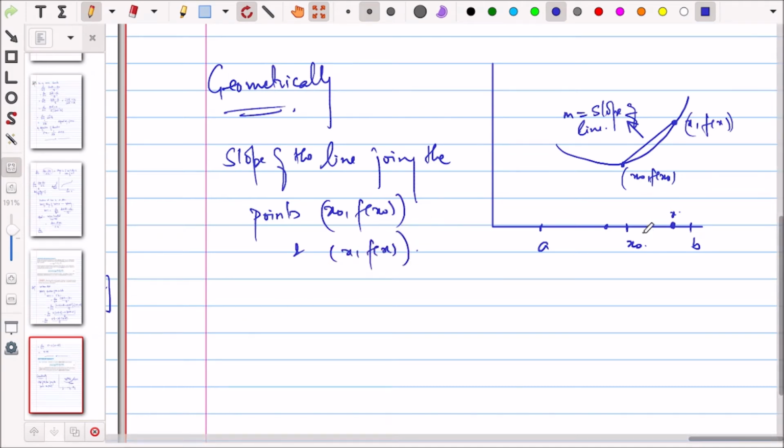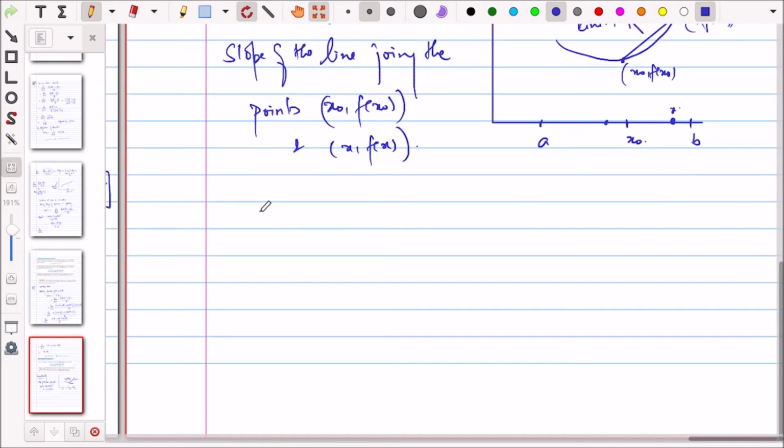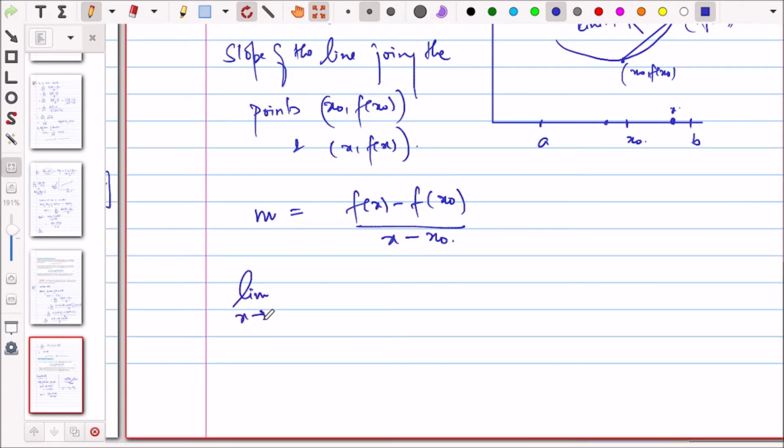Yes, बताओ जल्दी. Slope of the line joining the 2 points. What is that? y2 minus y1 upon x2 minus x1, right? So slope of this line. Now if I take the limit x tends to x0, what will be this?